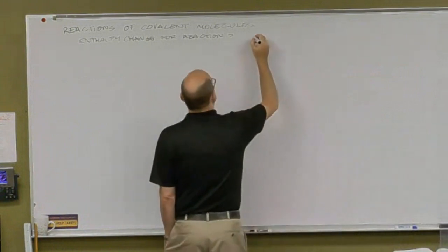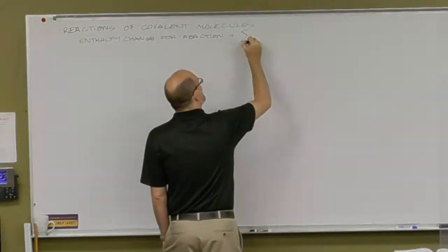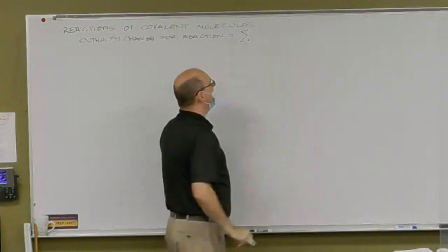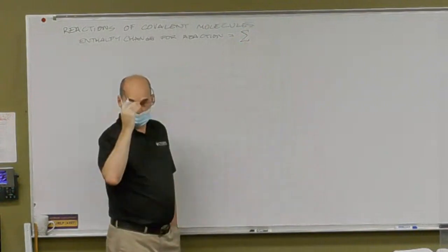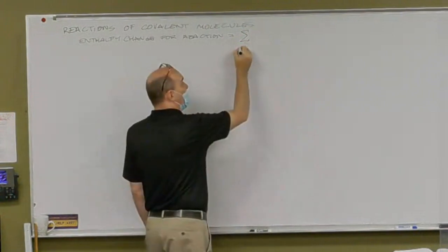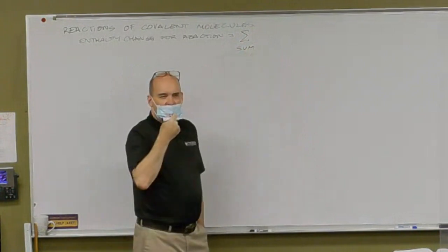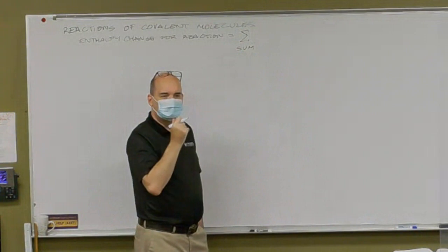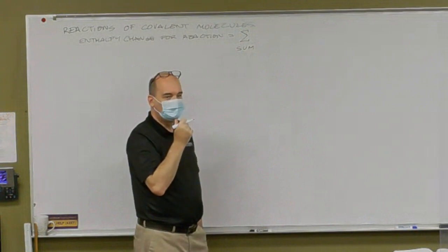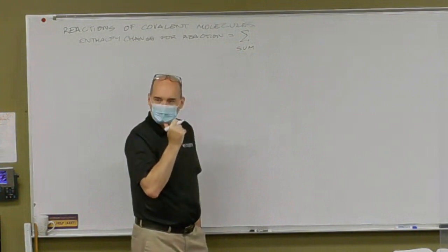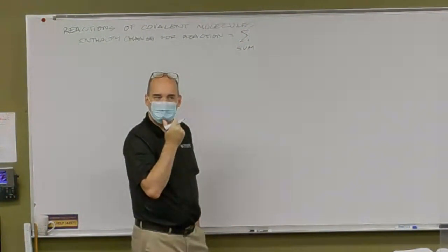So the enthalpy change for a reaction is that symbol. What did that symbol mean? That's the sum. And in mathematics, what is a sum? You just add all the numbers together. That's what a sum is.